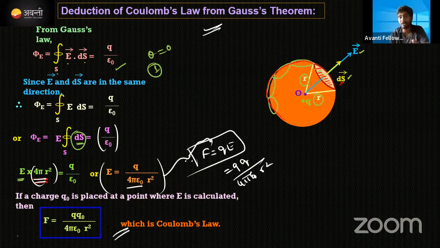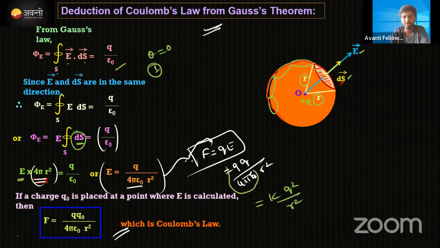We derived this Coulomb's law at the very beginning of the class itself. I think in the second class of this academic year we studied this. Yes, exactly right. We can also write this as K Q square by R square. Here 1 by 4 pi epsilon naught is the value of K, Q into Q, Q square divided by R square.